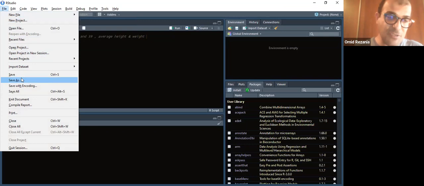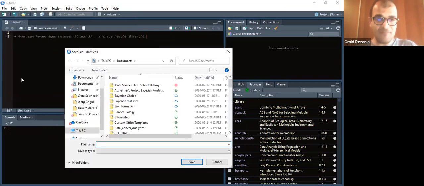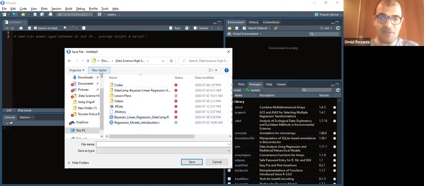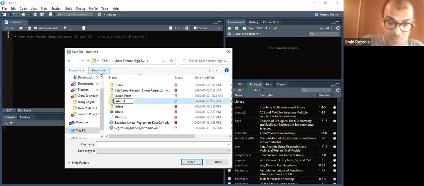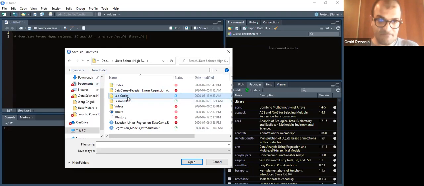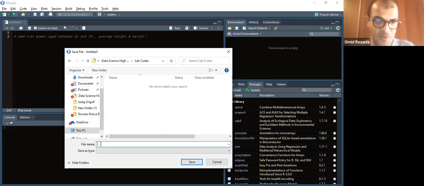The first thing which I do, I'm going to go to file, save as. Let's say, for example, I'm going to create a folder. Oh my God, I have lots of short memory on my system. Lab codes. I create a folder which I call lab codes. I'm going to press enter. In my lab codes, it's a new folder which I created.